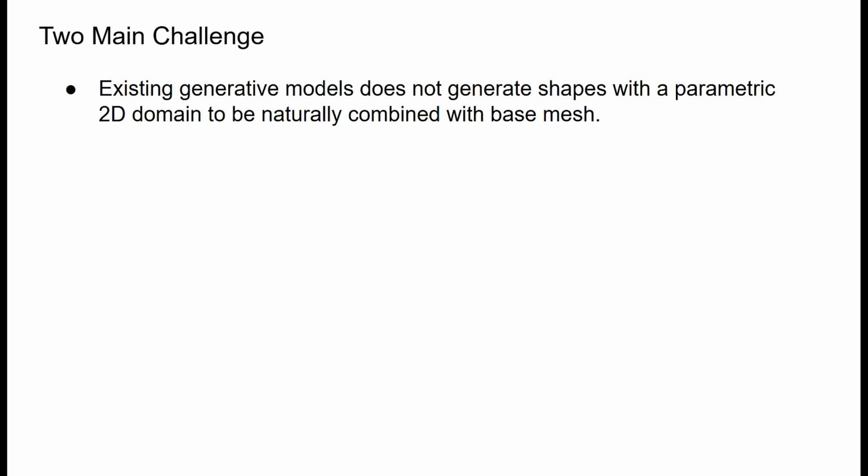Generating VDMs from a single image involves overcoming two main technical challenges. The first challenge is that existing generative models are not suitable for VDM generation. Shapes generated by existing generative models lack a parametric 2D domain, making it difficult to combine with a base mesh. To address this, we develop a three-step pipeline.